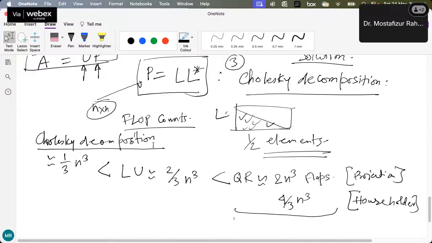So these are several decompositions. If you have any questions, I'm pausing here for 2-3 minutes before going to the next part, which is the eigenvalue, the most important part. So I'm pausing here for 2 minutes. You may ask questions till now.